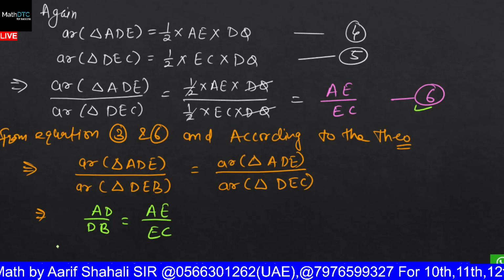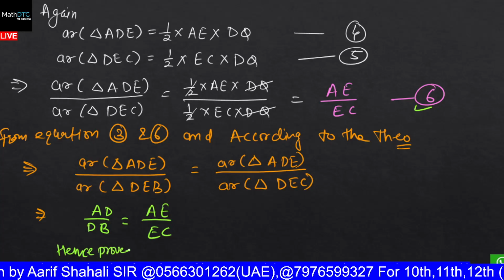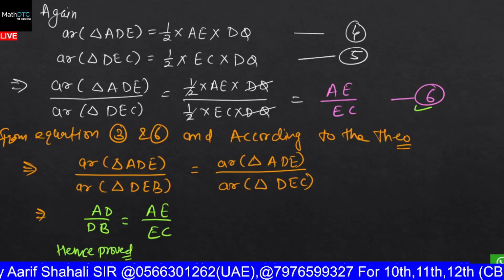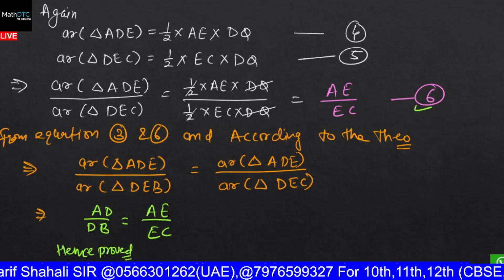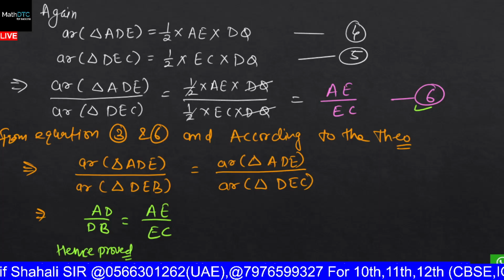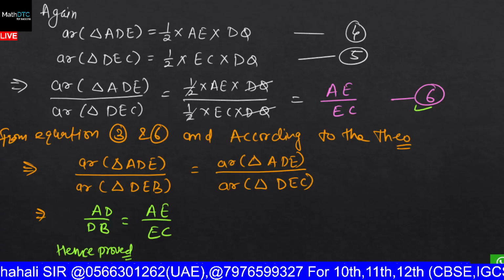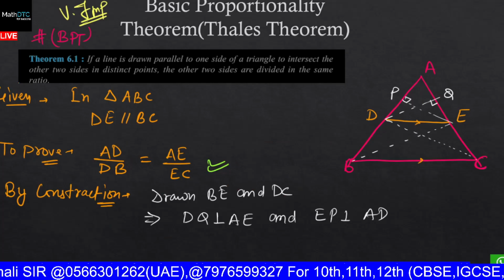Okay, understood. So I just write down here, hence proved. Now you have to write it down, but be careful at every step. If you write any wrong thing, it will have a negative impact on your study. Now start from here.